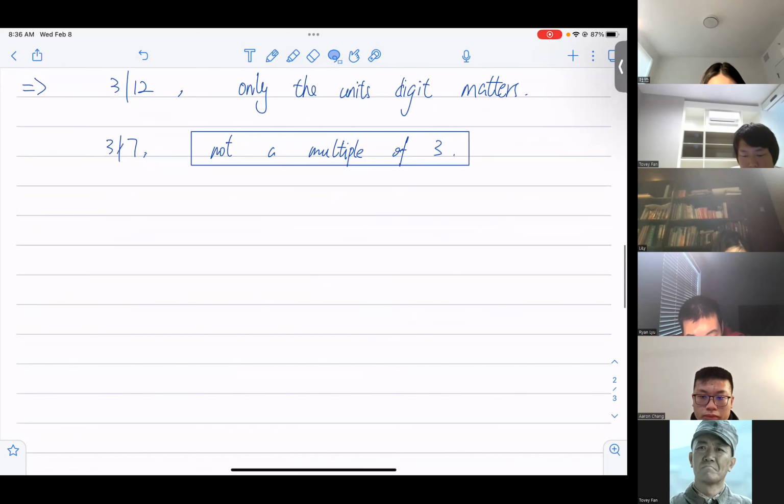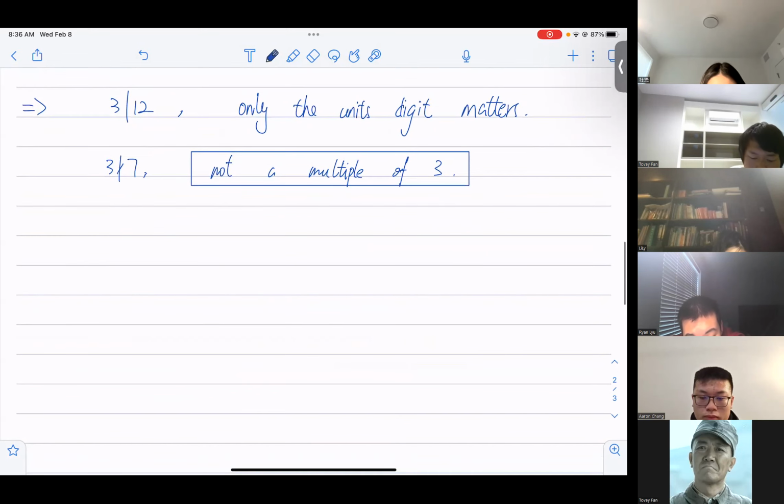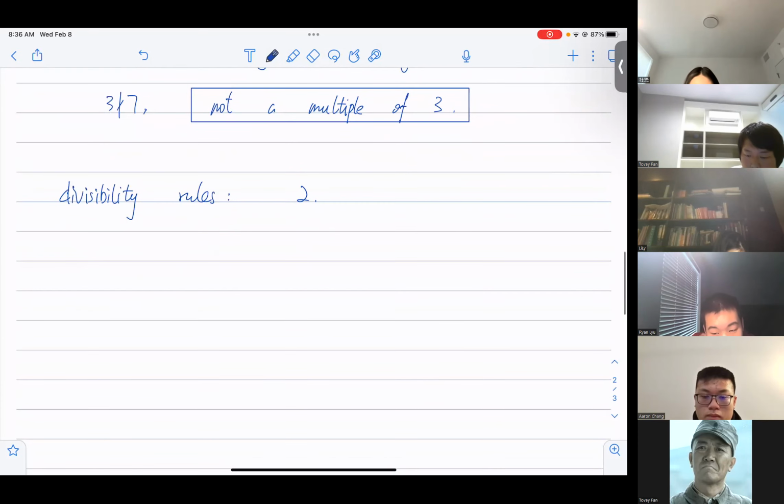It has the same reason, right? So let's look at some divisibility rules here, because they have the same reason as this question, okay? So divisibility rules. For 2, we know that you're just going to end up with 0, 2, 4, 6, 8, right? Or in other words, even numbers.